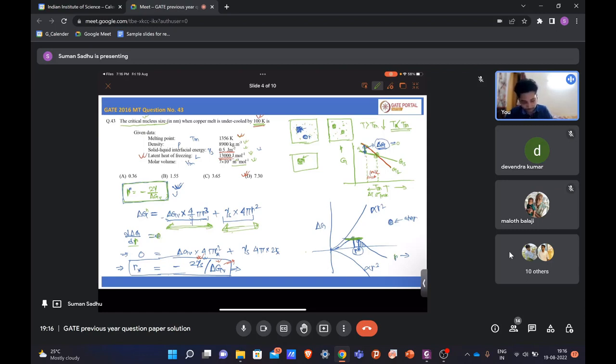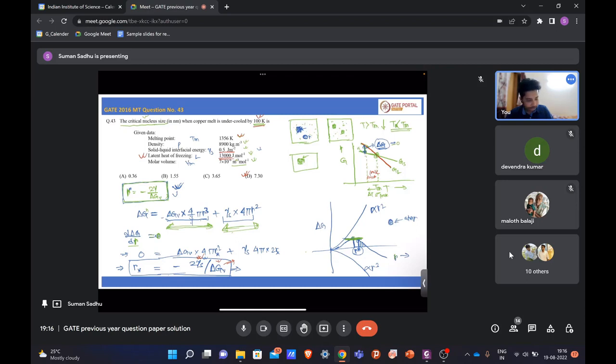So now if you differentiate, you will find that this will be delta Gv into 4 pi r square, so it will be r star square, because at this point we are representing r as r star, and this will be gamma s into 4 pi into 2r. So now from this equation you can calculate that r star is equal to minus 2 gamma s by delta Gv. So now you got this formula, right? How this formula is coming.